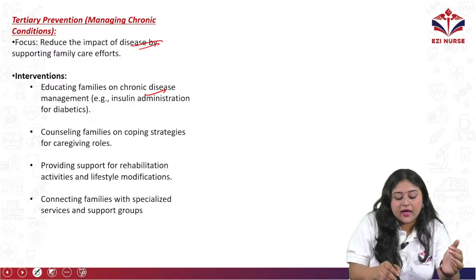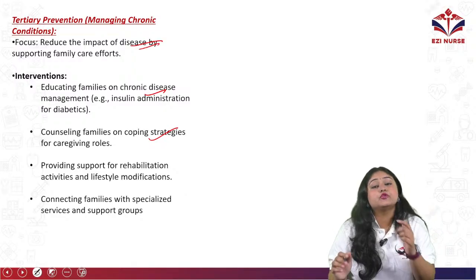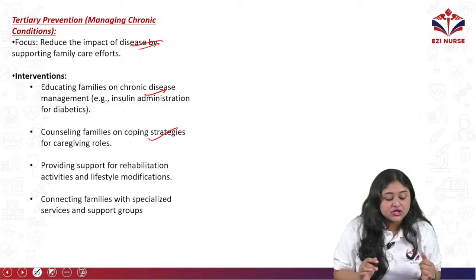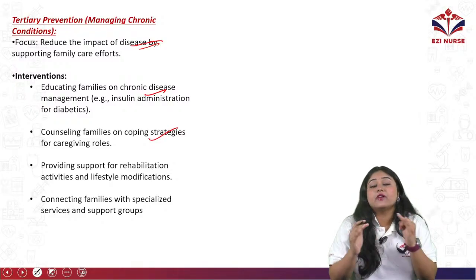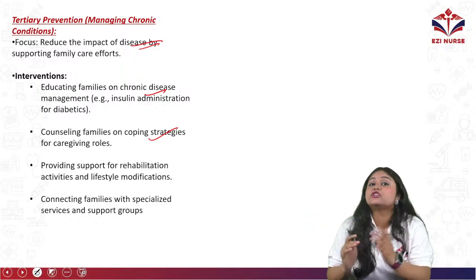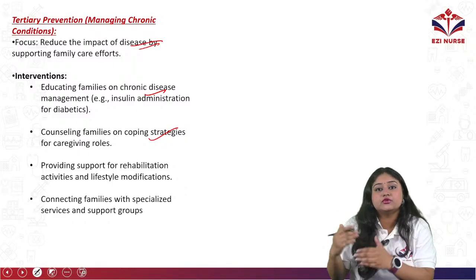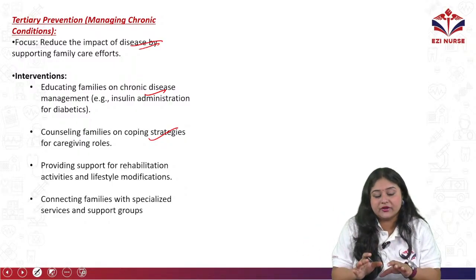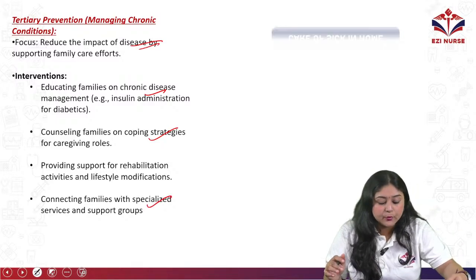Next, counseling the families on coping strategies for caregiving roles. Next, we have to provide support for rehabilitation activities as well as lifestyle modification. Modification in the sense of healthy lifestyle habits, which we have to inform the patient to start. Whatever is happening due to these lifestyle changes will be covered. Next, we have to connect the families with specialized services and support groups.